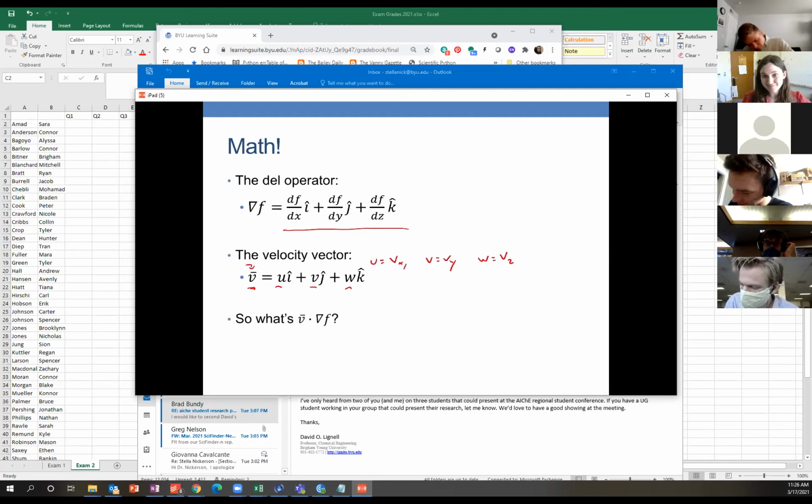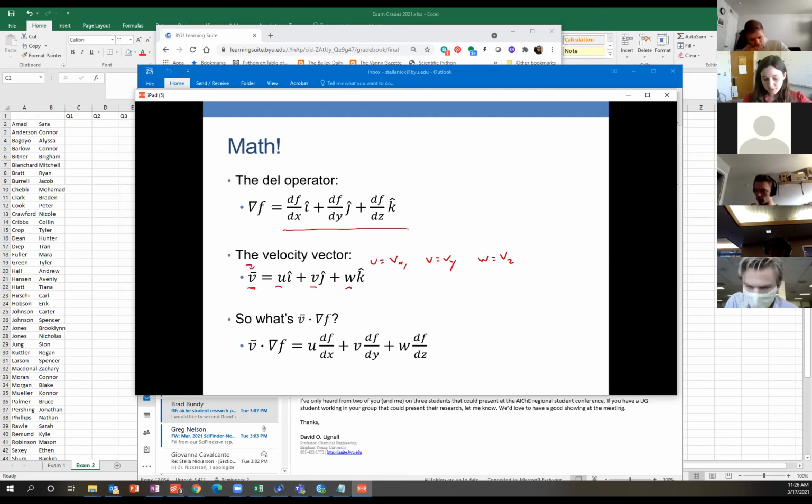Yeah, so it would be the derivative of f in terms of x times the x component of the velocity, plus y and y, plus z and z. Yep, exactly. U times df dx plus v times df dy plus w times df dz.